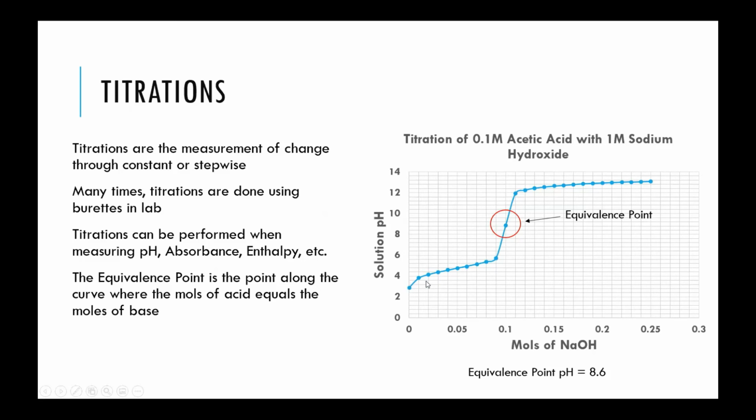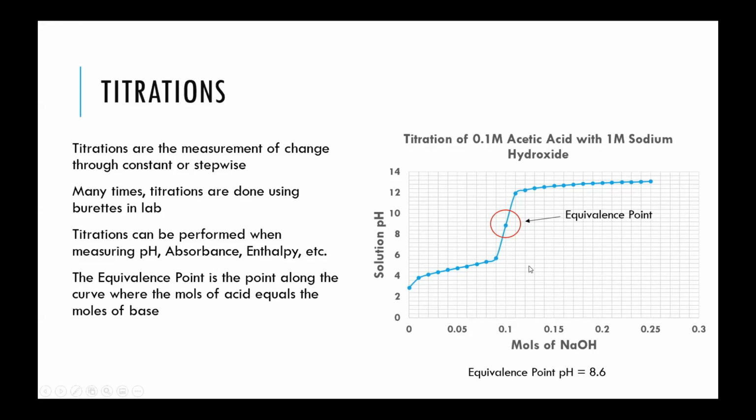And as you're adding more and more of the sodium hydroxide, you can see that the pH is changing slightly all the way up to a certain point where it jumps and then continues on in a very slight manner. And it's this jump, this transition in a titration curve that can give you a lot of information.